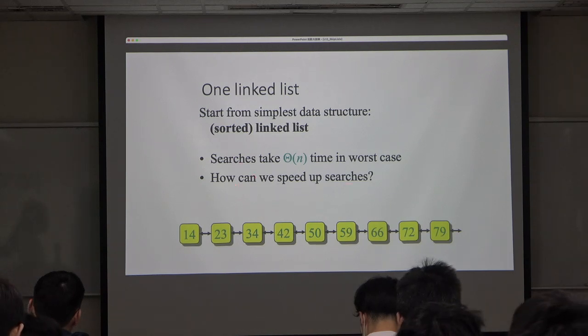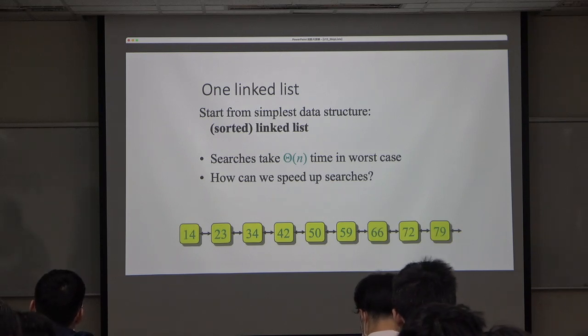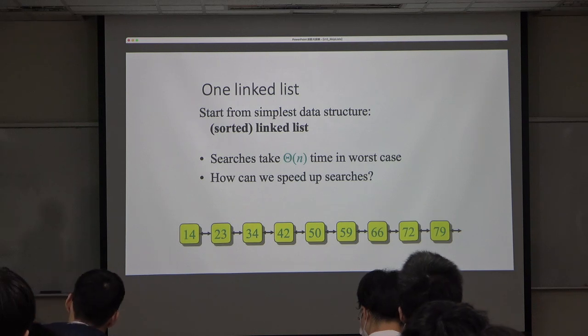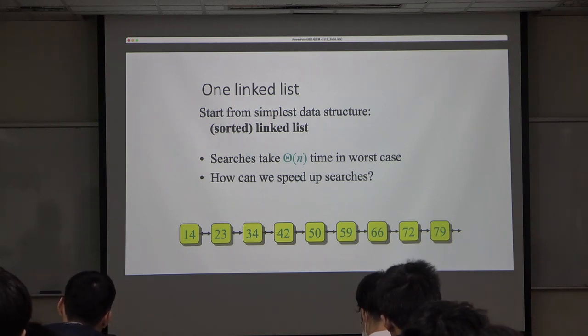So can we speed up the search? That's the interesting concept here. To be honest, if I ask most people this question, the first answer would be, why don't we put these numbers in an array and the problem is solved?